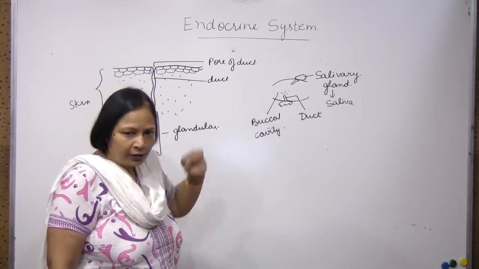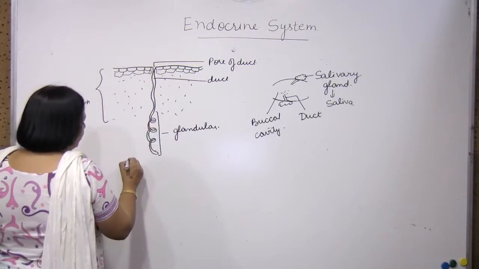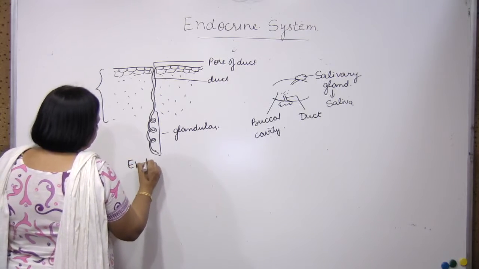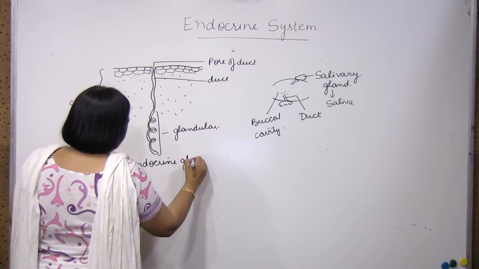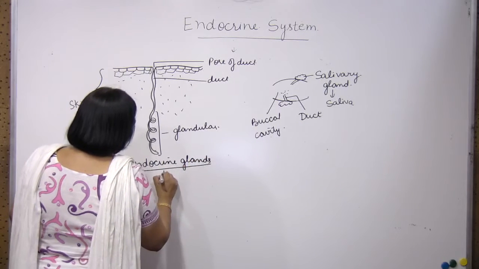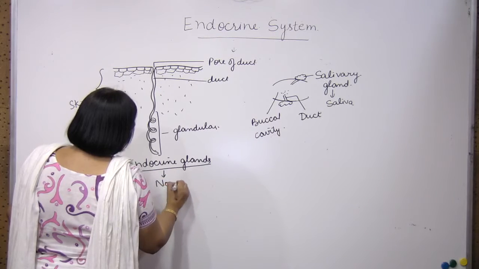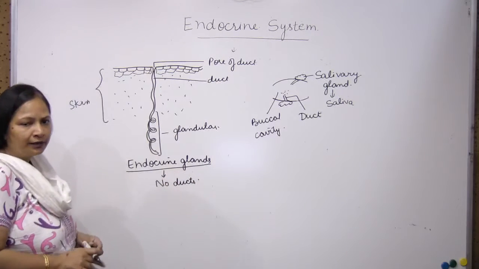To the site of action of these secretions. Whereas endocrine glands have no ducts. They do not have ducts.